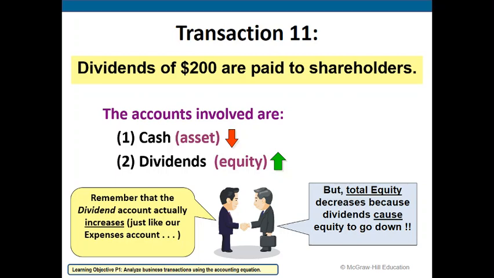And note, even though dividend expense is going up, it reduces equity. Remember, dividends cause the equity to go down. So an increase in a dividend account is a decrease in equity.